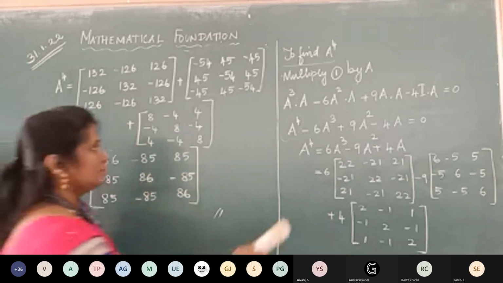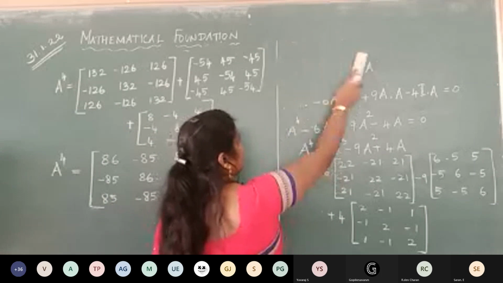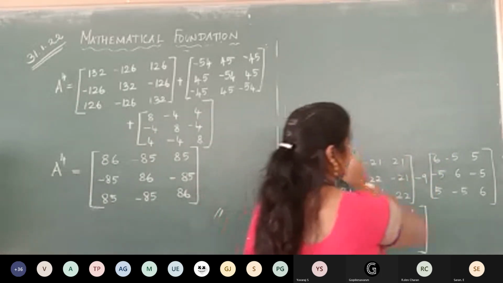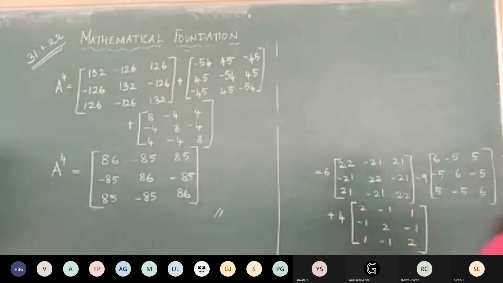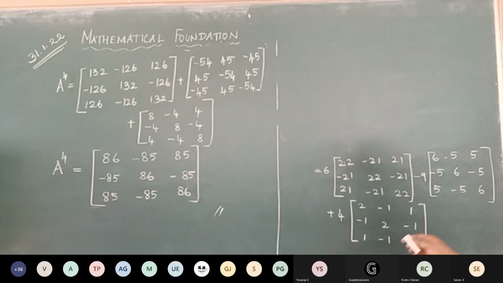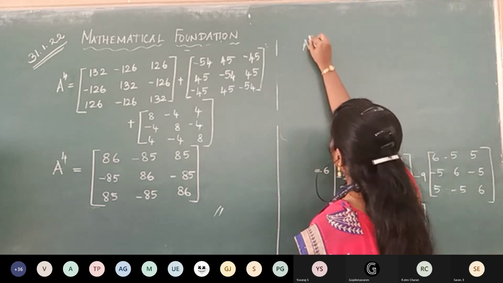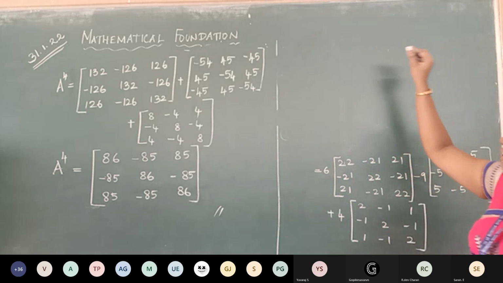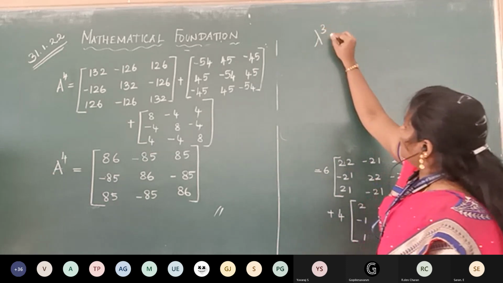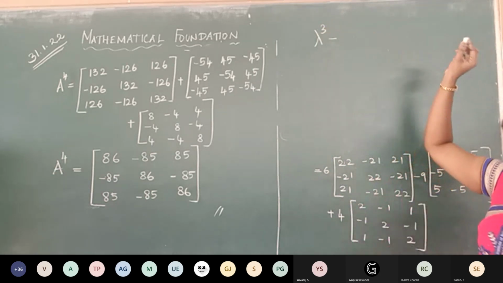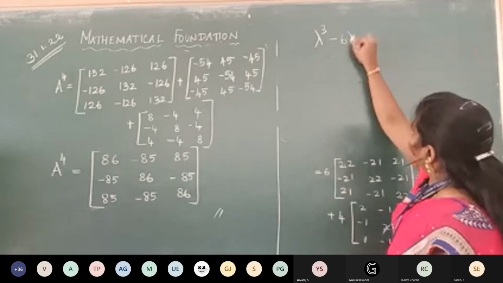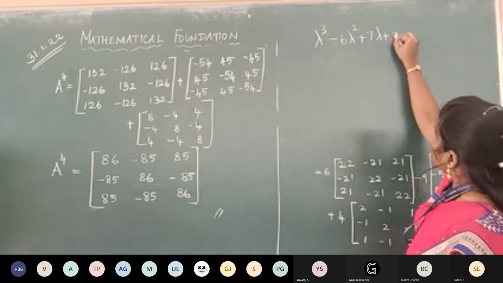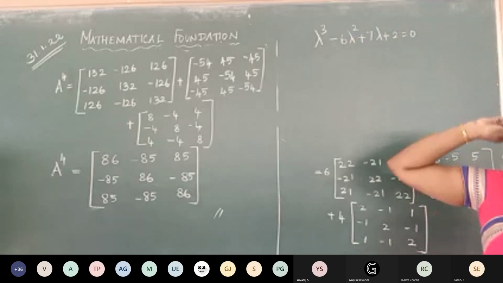Have you all written that side? I will drop this. And write the values of your A square, A cube, for the homework problem which I gave you, and check it with that. So first I will write your characteristic equation. Your characteristic equation was lambda cube minus 6 lambda square plus 7 lambda plus 2 equal to 0.